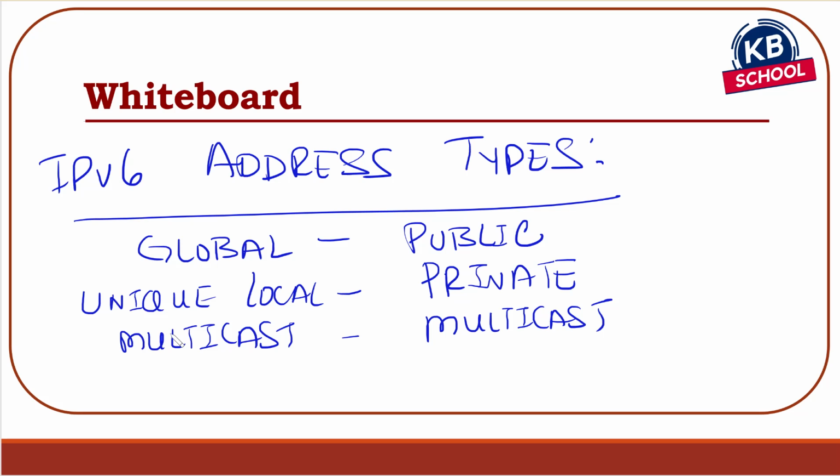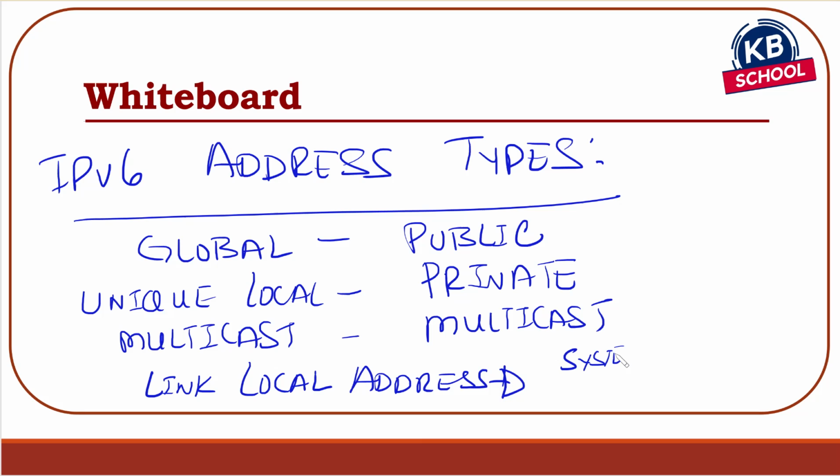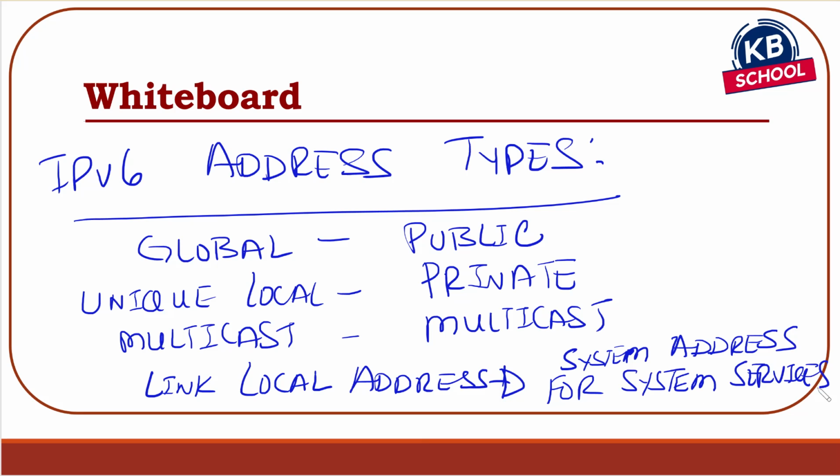And the fourth type that does not exist in IPv4 is called the link local address. This is that address that the system auto assigns itself for its system services. All right, so these are the four types of addresses that you have in IPv6. Hopefully that clears up some of the doubts that you have.